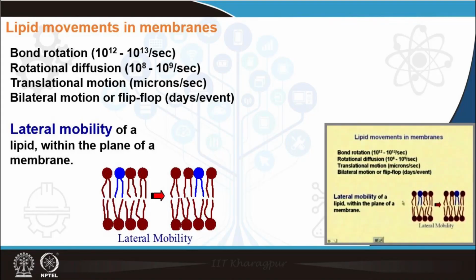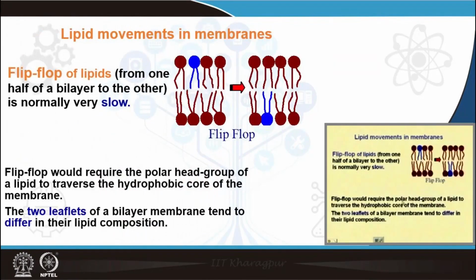We will see how that plays a role in a minute. The other type is flip-flop, where this blue phospholipid, instead of being in the top, has come to the bottom membrane. Okay? So, that is what is called the flip-flop of lipids, where it moves from one half of the bilayer to the other half.